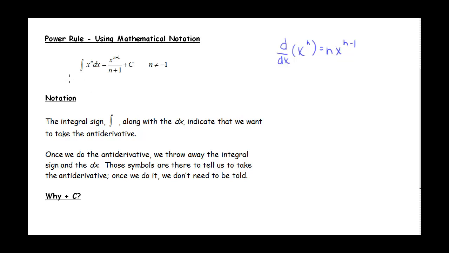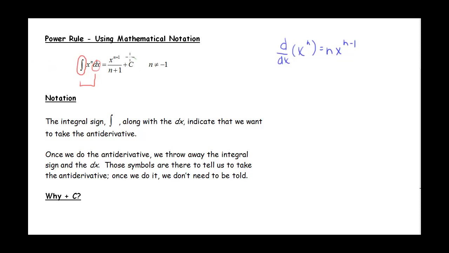So we have two things that we need to see when they're telling us that we're doing the antiderivative or the indefinite integral. First, we have this integral sign, and then we also have this dx sign. These two together tell us that we're supposed to do the antiderivative. In order to do the antiderivative of a power, you raise that power by 1 and you divide by the new power. Now let's look at this plus c thing.